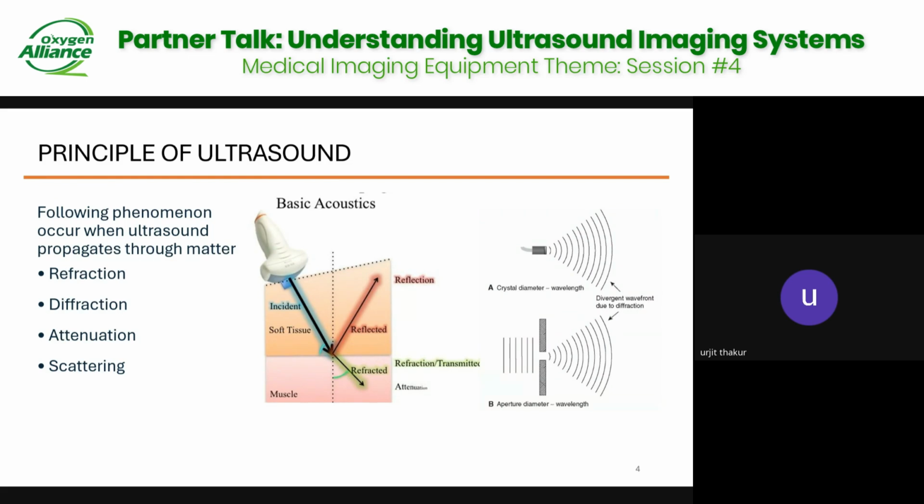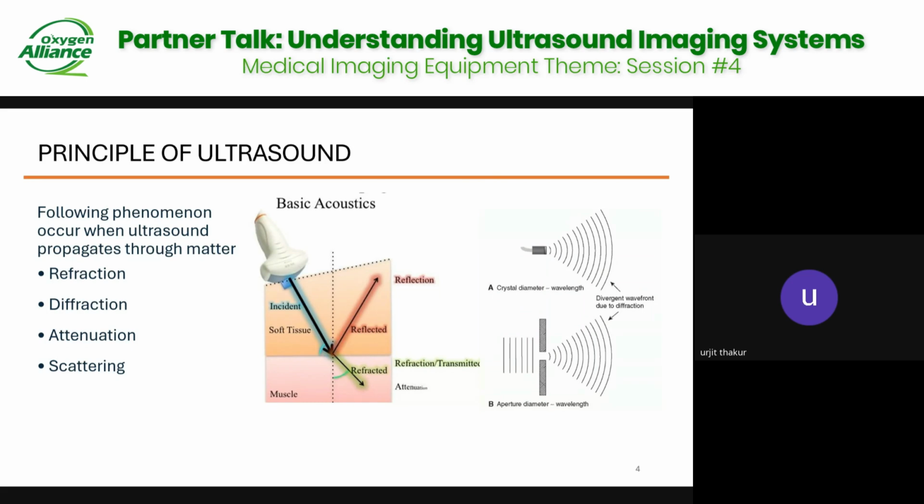As you can see on the right side of the image, you can see the crystal diameter, wavelength, and then there's an aperture below. When the wave forms that way, that is the divergent waveform formed by diffraction. When you see the screen on the ultrasound, you see a sector size image. You see a sector generally, and that is due to this phenomenon.